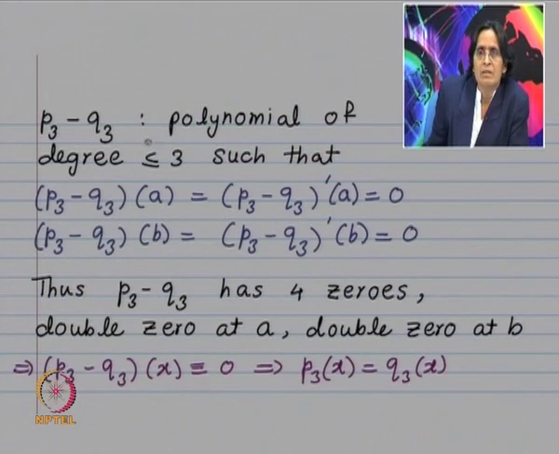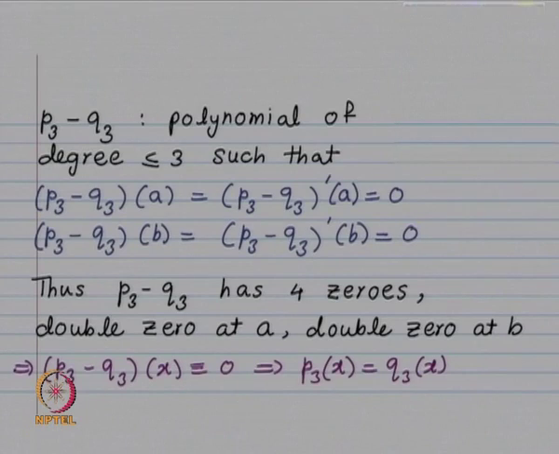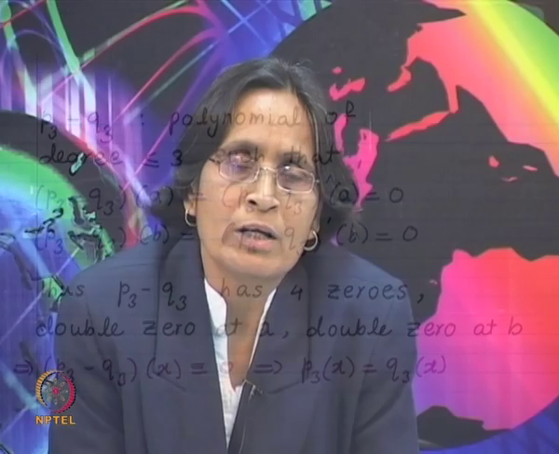So, P3 minus Q3 of x has to be identically 0, and that implies that P3(x) is equal to Q3(x). So, now we have proved the existence and uniqueness of the cubic Hermite polynomial.